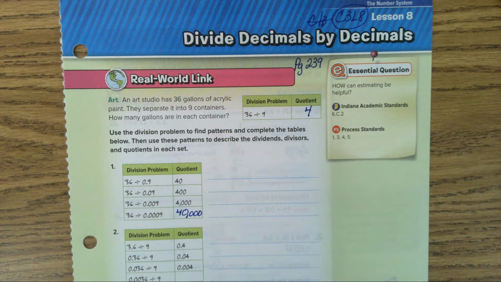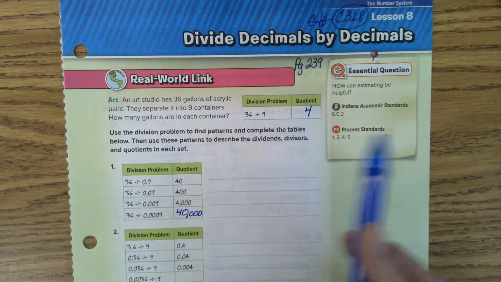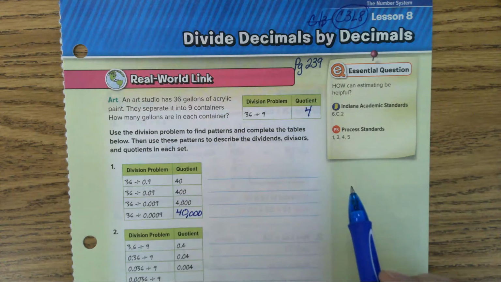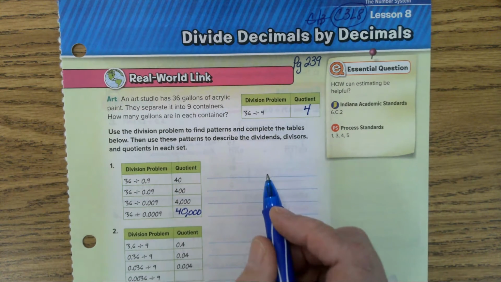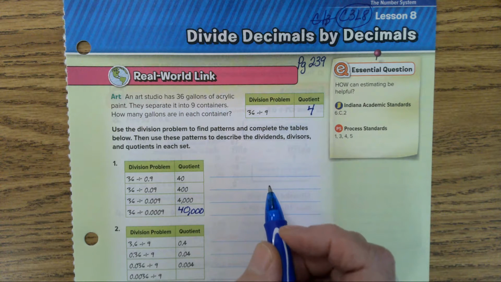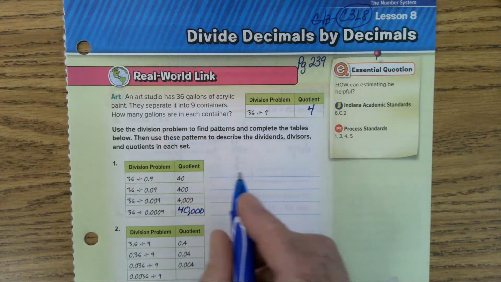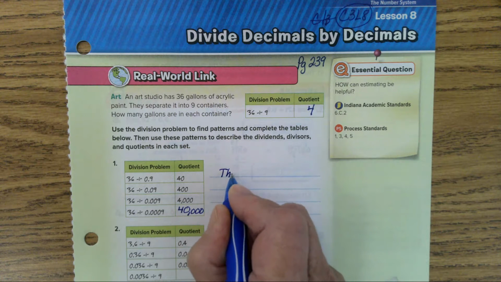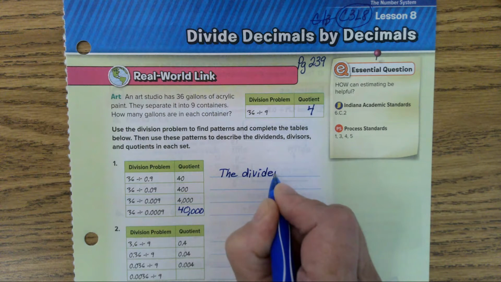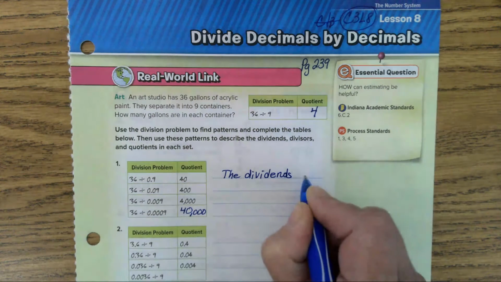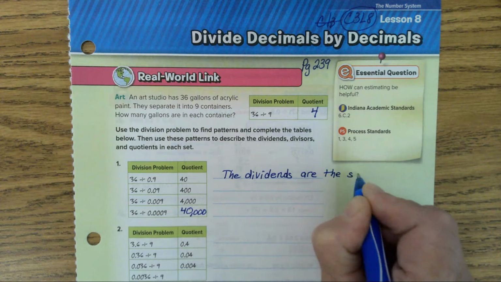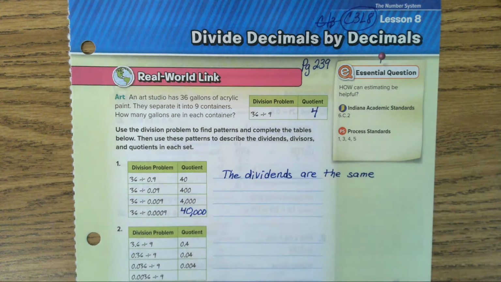All right, so after we get the pattern, we're to write about the pattern that we see here. So the pattern that we are seeing in example 1 or problem 1 is the dividends are the same. Please write this down. Now some of you are thinking, what is the dividend?